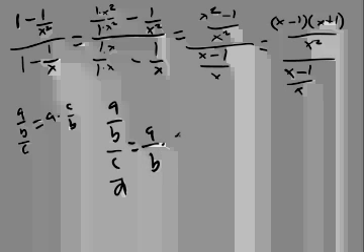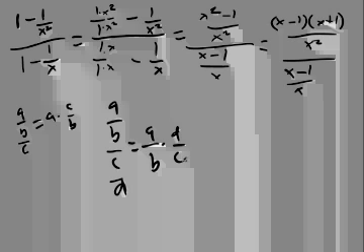which is the same thing as x minus 1 times x plus 1 over x squared divided by x minus 1 divided by x. A over b over c equals a times c over b, but a over b over c over d equals a over b times d over c.